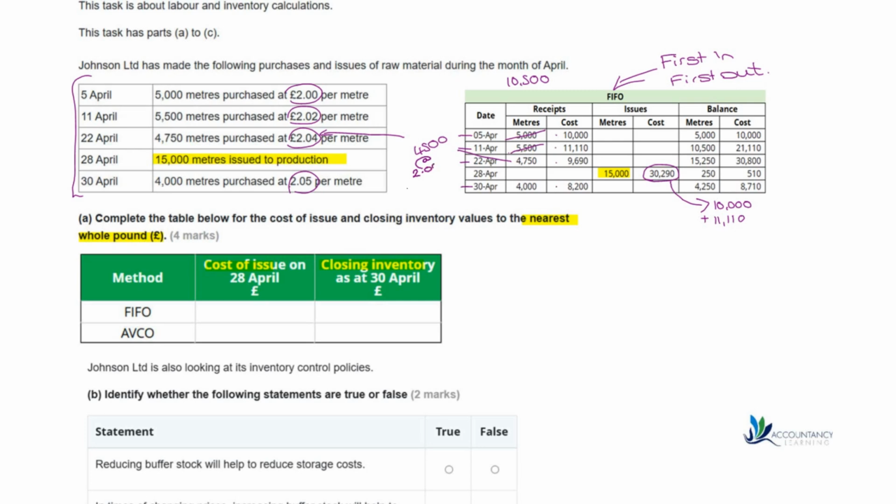So at £2.04 is equal to 9,180, not 8,080. Then we're going to add that on there, which brings us to 30,290. So that is the cost of the issue of 15,000 metres under FIFO.